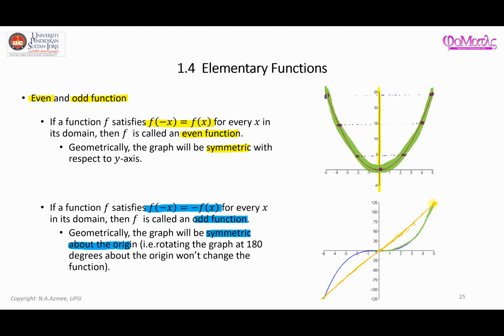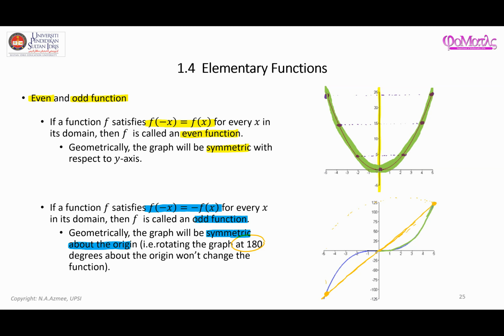You can imagine that this point rotated at 180 degrees will be going in this direction, and it will be mapped at this point. So this point is making a turn, rotating at 180 degrees.